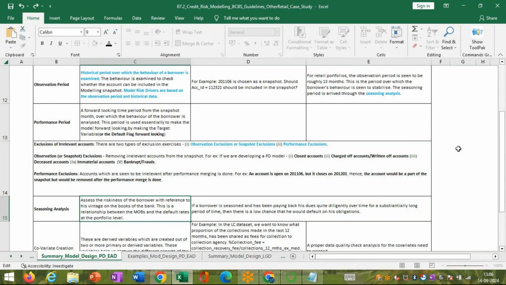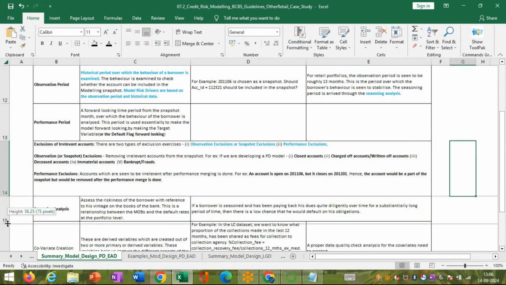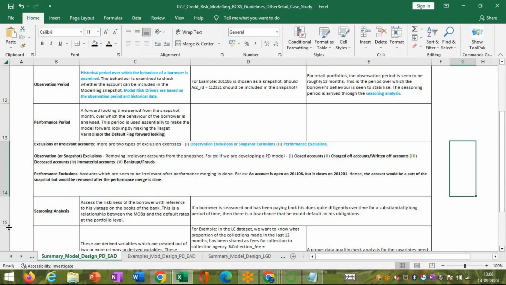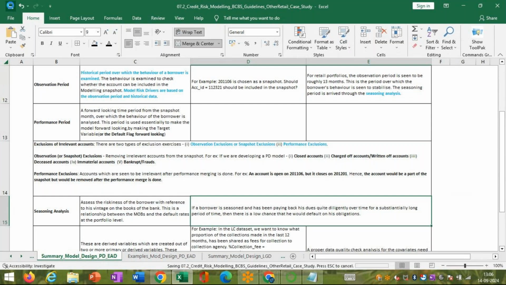So the Basel guidelines, and remember, this is something which is very specific to the retail portfolios, right? Seasoning analysis would not make much of a sense for a wholesale portfolio.